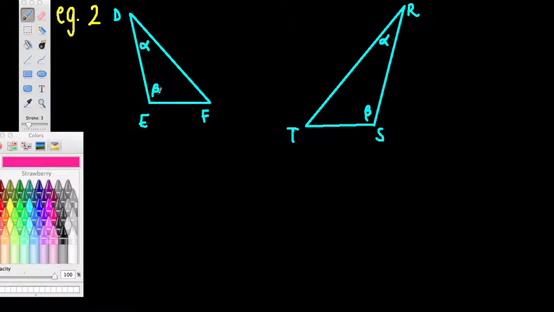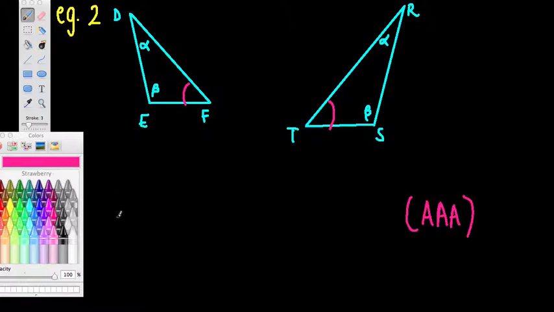What we do have here is likewise as before, we've got a beta, got this alpha symbol as well. That tells us that these two angles are the same as those two angles. Therefore, this one and that one there must be the same. So just like before, I know all three angles are the same. So therefore, I know they are similar.